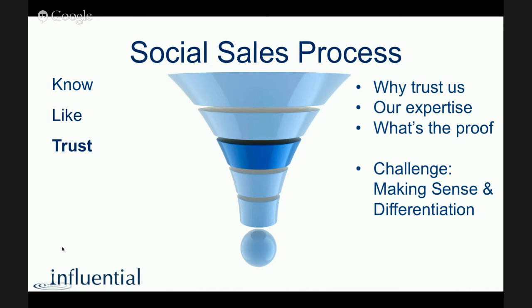In our social sales funnel, we use education and publishing as ways to build our authority. It's no coincidence that the word authority has the word author in it. Literally, an author is an authority, and particularly for my generation or older people, where we grew up, books really were the ultimate arbiter of truth. You could always go and read it in the textbook. Today, of course, we look it up on Google.